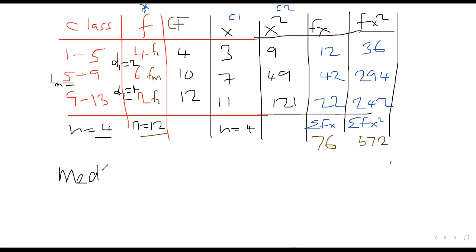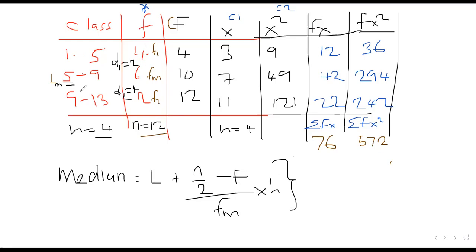Median is equal to L plus N over 2 minus F over Fm times the height. So usually the parameters are the same. Our Fm was 6, our Lm was 5, our height was what? Our height was 4.